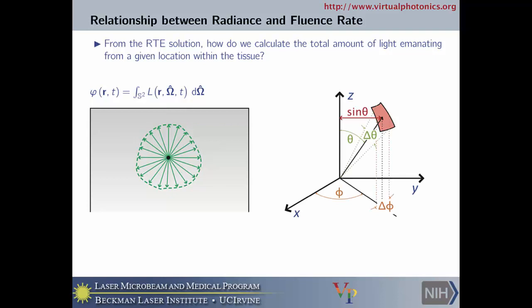Well, let's just remind ourselves about spherical coordinates. If you adopt a system where the z-axis is vertical and the xy plane is the horizontal plane, any location on the unit sphere is dictated by two angles, the polar angle theta and the azimuthal angle phi.